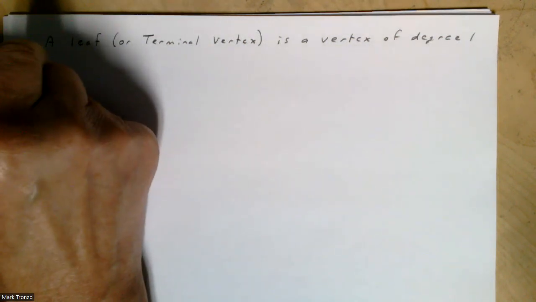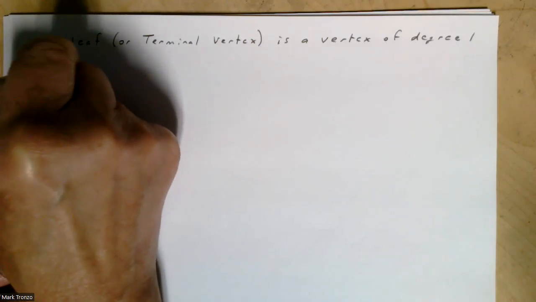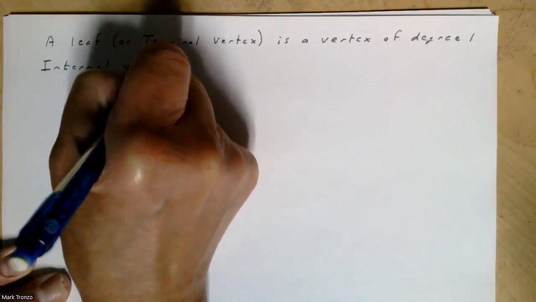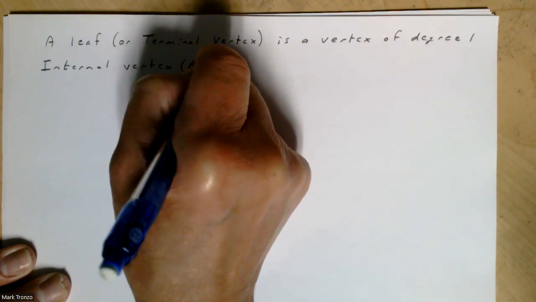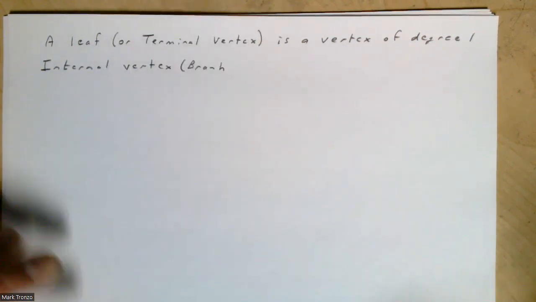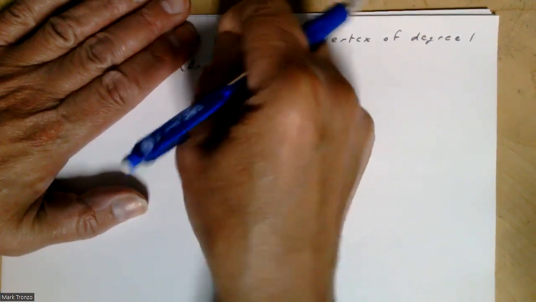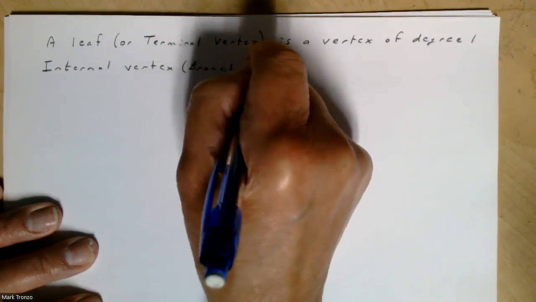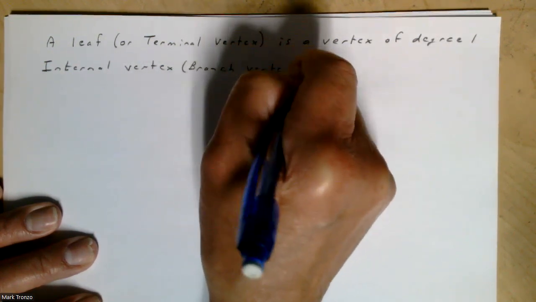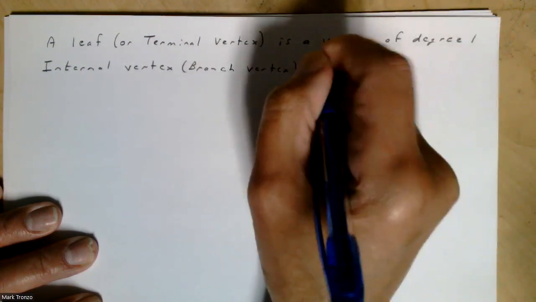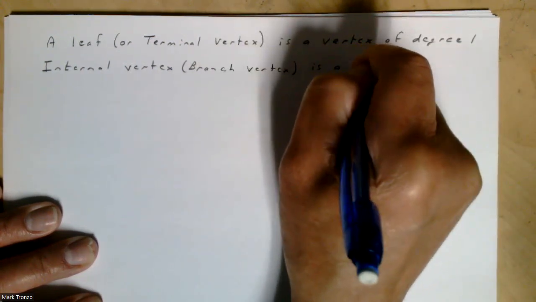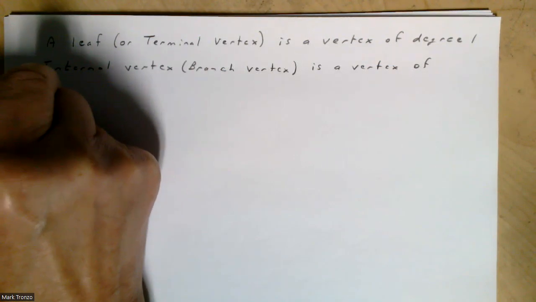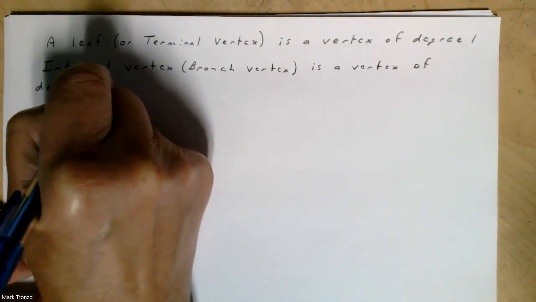An internal vertex, also called a branch vertex, is a vertex of degree greater than 1.